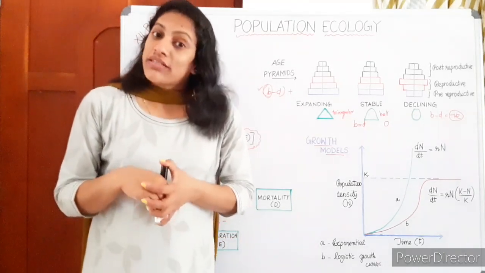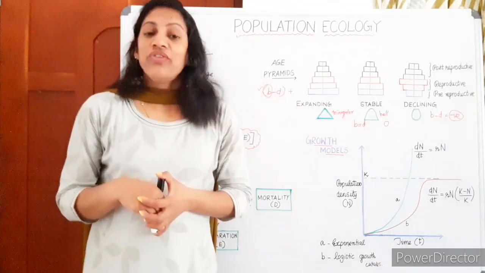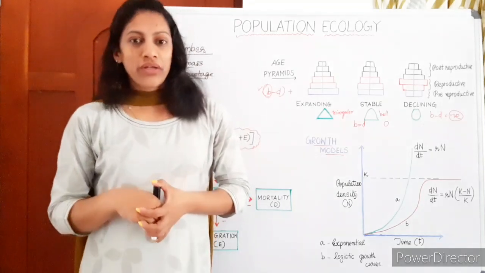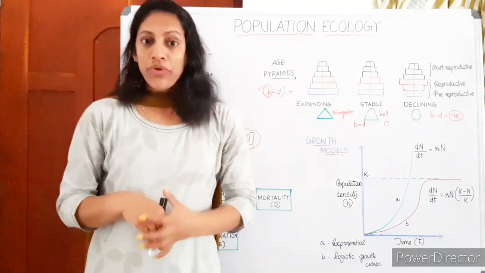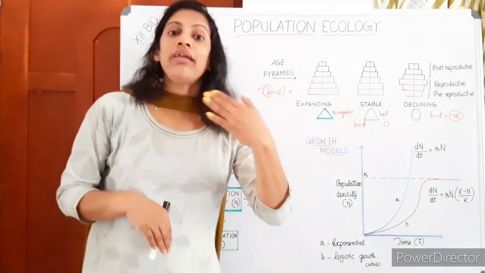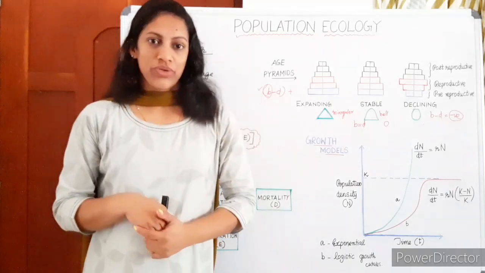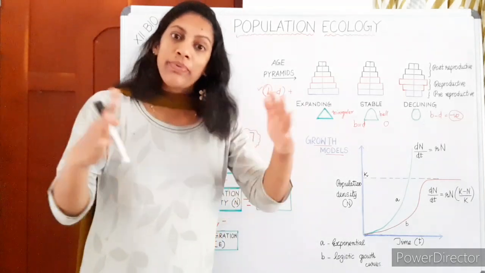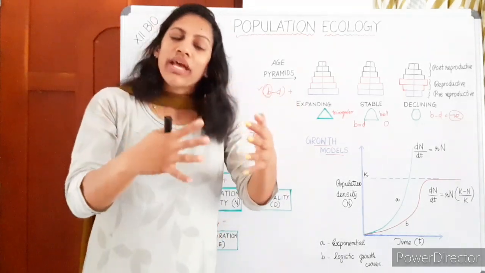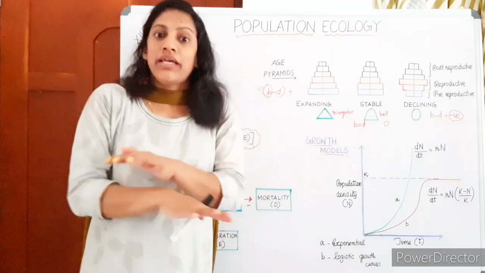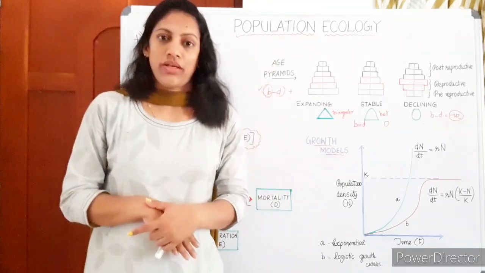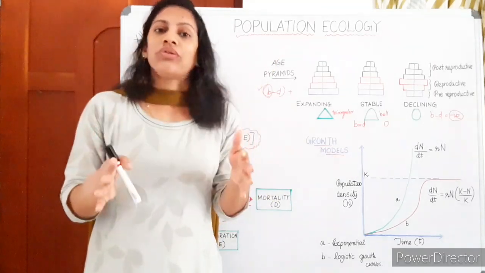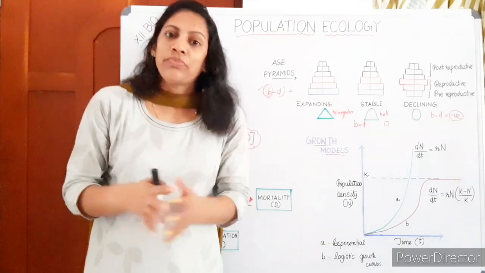Suppose in a limited area there is an unlimited supply of resources; the organisms can grow unimpeded. There is no check, no control. Such a growth pattern is exhibited by some populations.